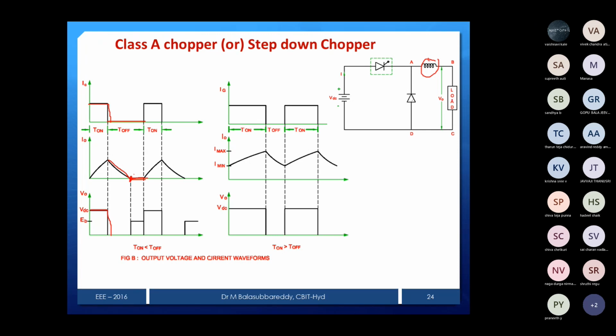Because there is a load consisting of a motor, let it have some back EMF, or a battery source. For all the drive applications, that's why let us assume that the load has a motor with its back EMF, or a battery. Then the chopper is turned off at this instant, so what is the voltage across the load?